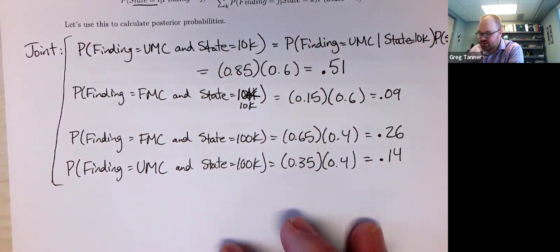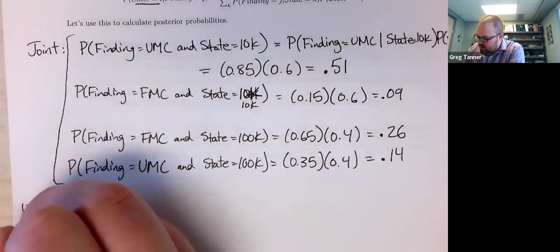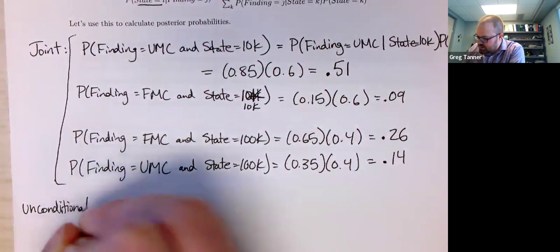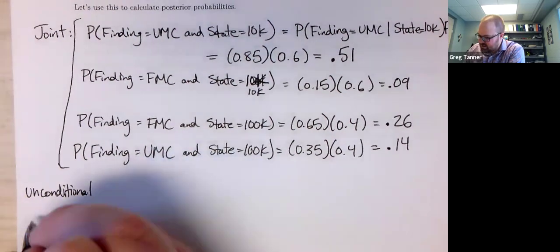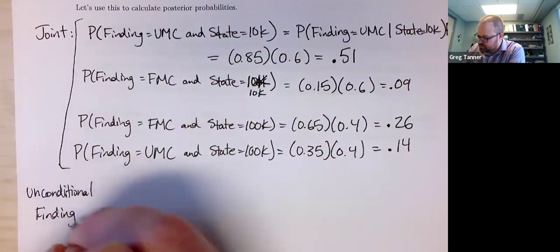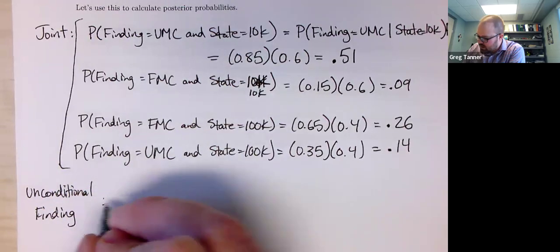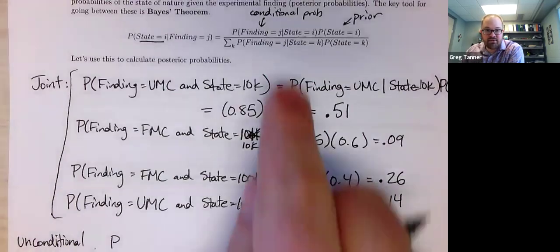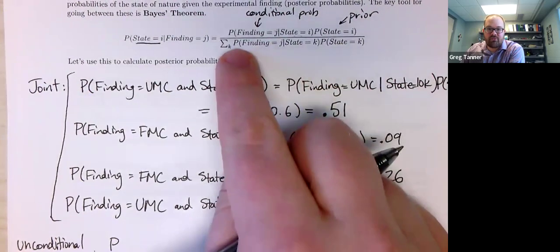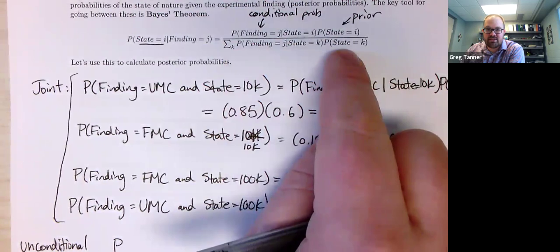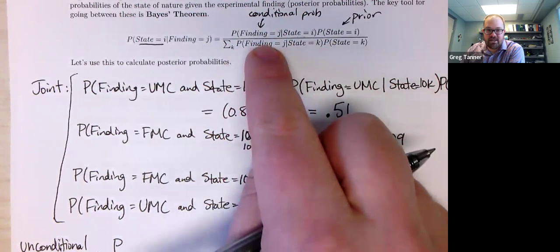The next thing we want to do is compute what's called the unconditional probabilities. I like to think of these as our probabilities of our findings. These are going to be the bottoms of the fractions, and you'll notice the bottom of the fraction sums over all states that have that finding.